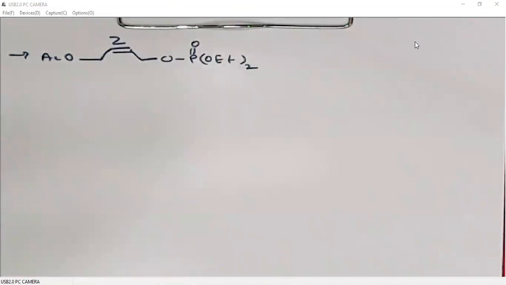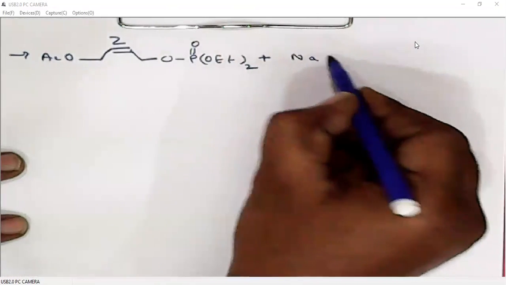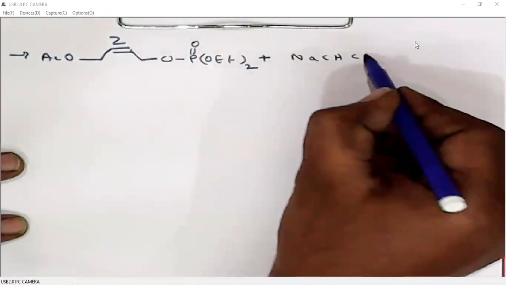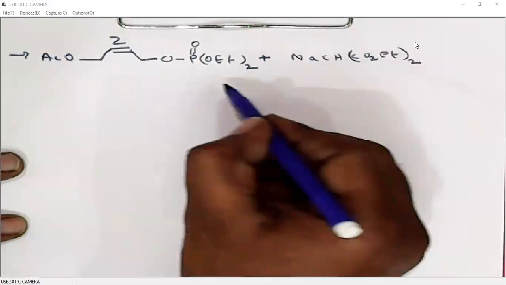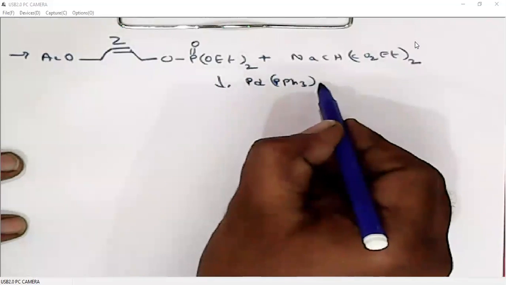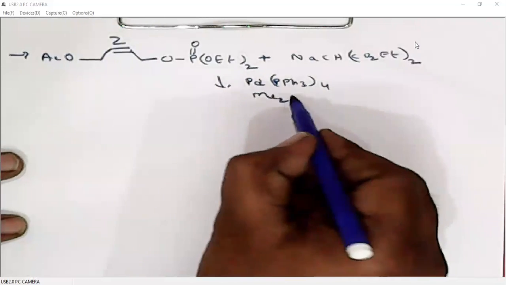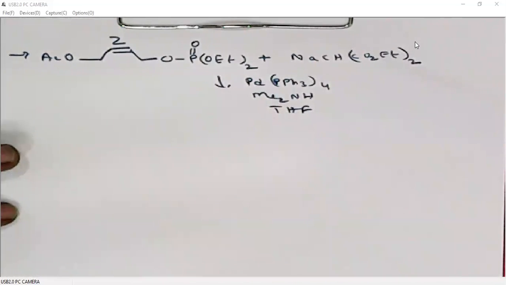This is a double bond. When it is treated with sodium diethyl malonate under Trost-Tsuji conditions, what is the product here?